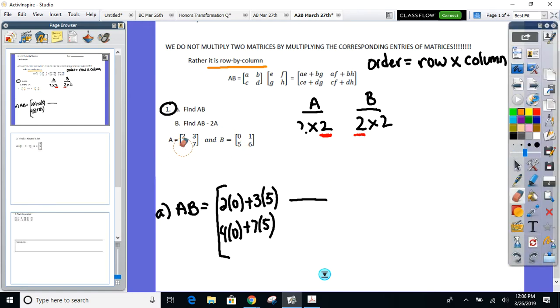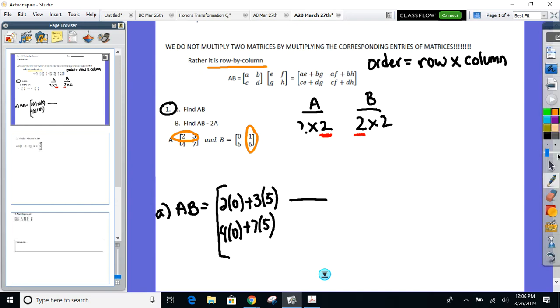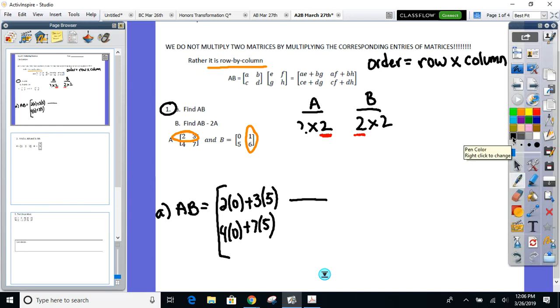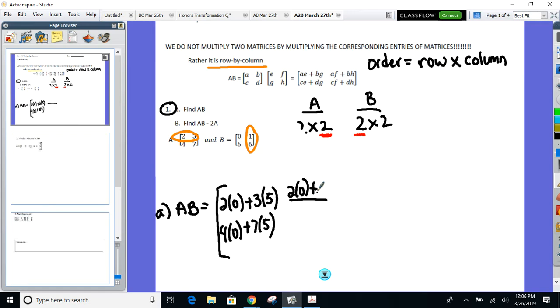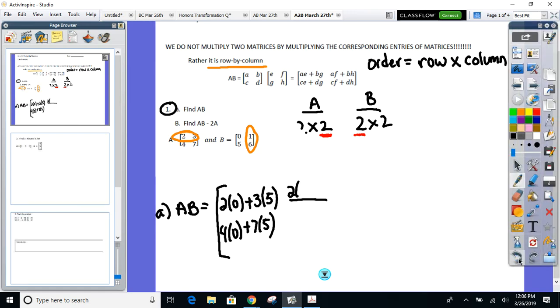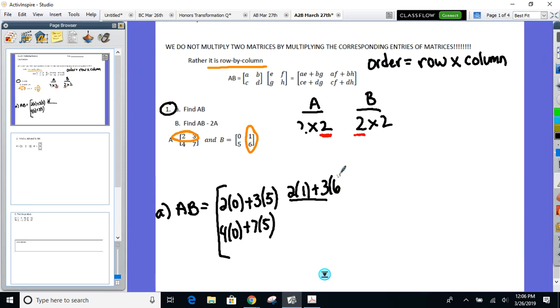Row 1 times column 2. So in that spot, I'm going to put 2 times 1 plus 3 times 6.